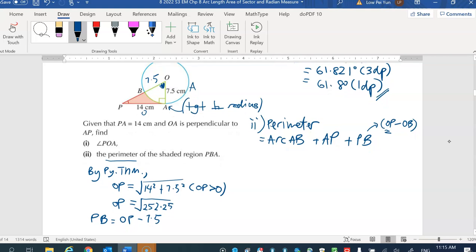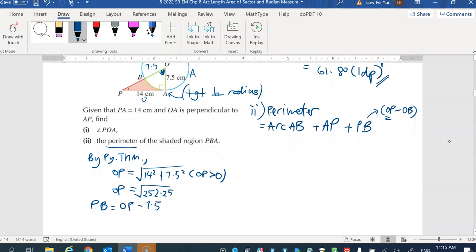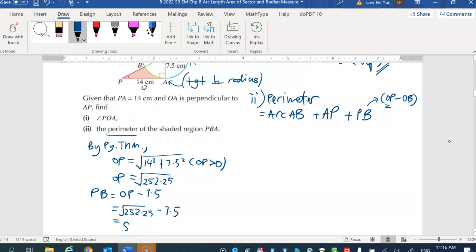So I am going to take 252.25. Okay, I'm sure all of you can write nicer than Mrs. Liao, because the screen is very smooth and I always find it very hard to write on the screen, but I'm still trying my best. Okay, so like I said, give 2 more. So intermediate working, I leave my answer to 5SF first. Okay, I am done with this. I know AP, so I don't need to do any working for that.